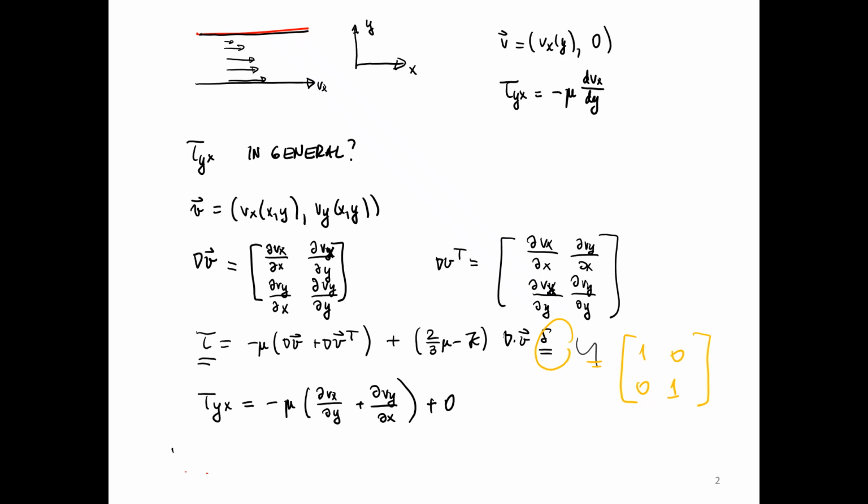However, it's going to show up for my tau xx. There will be a 1 here. There will be a divergence here, which is a scalar. It's a number times a constant, plus 2 of these because they repeat. So my tau xx is minus mu times 2 dvx dx, plus kappa times the divergence.